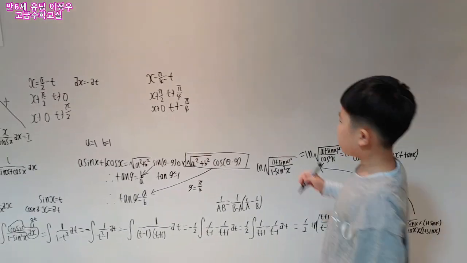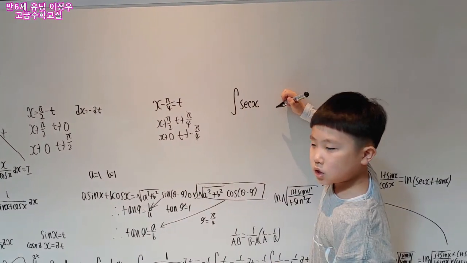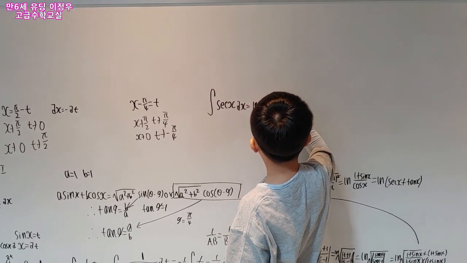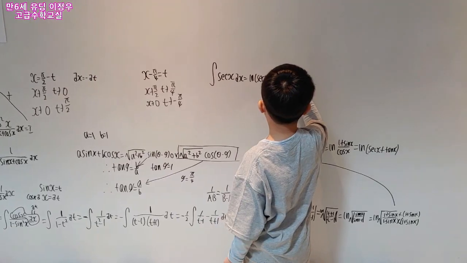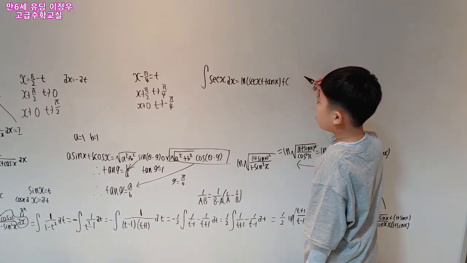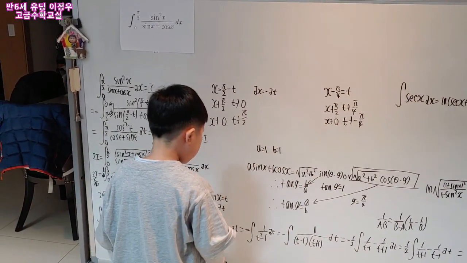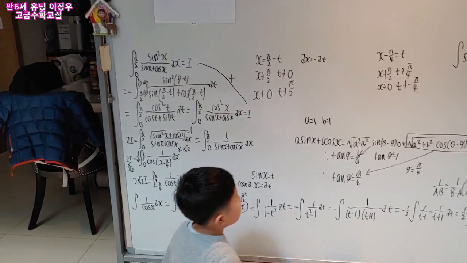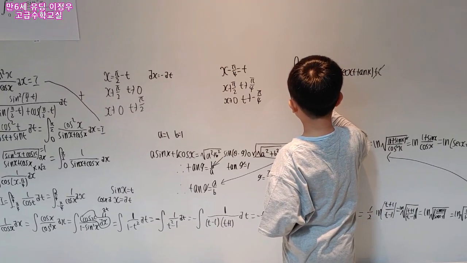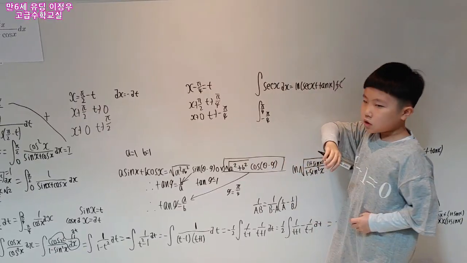So the integral of secant x dx equals ln of secant x plus tangent x. Here we didn't add the constant C.